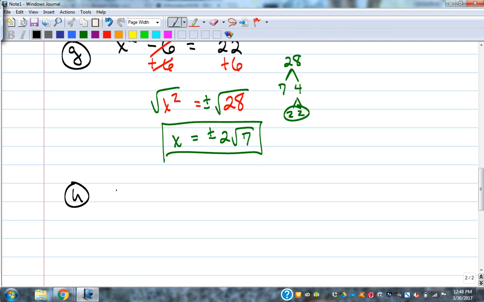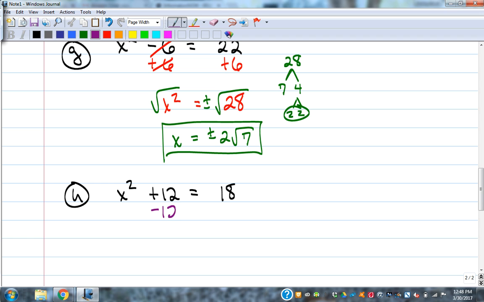All right. Let's do this one. X squared plus 12 equals 18. Sorry, I got my 1 there. Okay. Teach us how to do it. You tell me how to do it. Minus 12, because we're trying to get the x squared by itself.